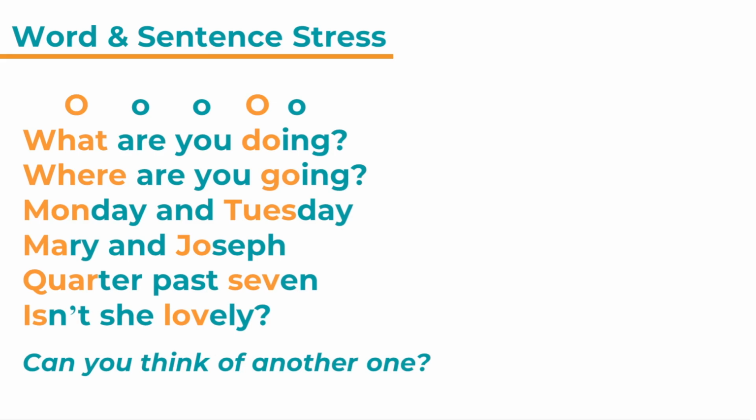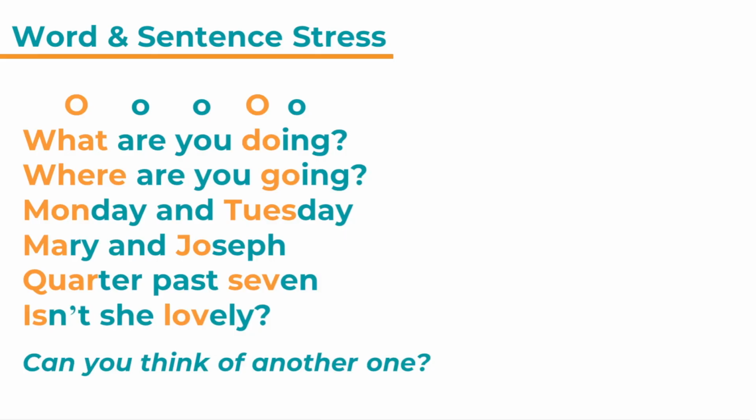Of course, I'm exaggerating a little bit so that you can hear the stress clearly, but I hope this makes it clear. And I would encourage you to think of another example with the same pattern. And if you're watching this live, you can put it in the live chat. And if not, you can put it in the comments below.